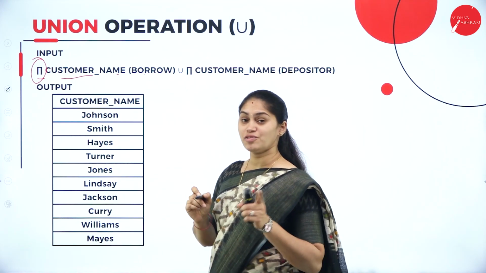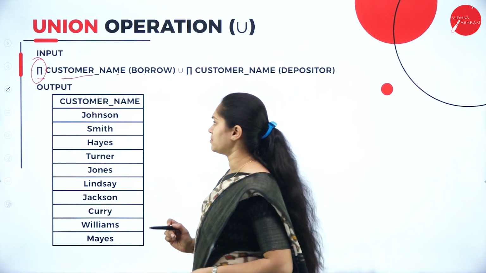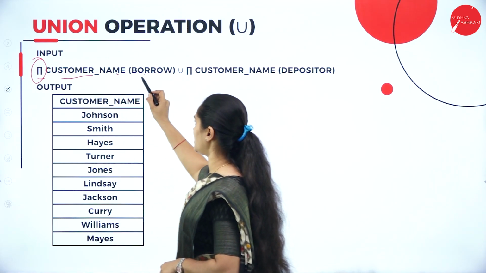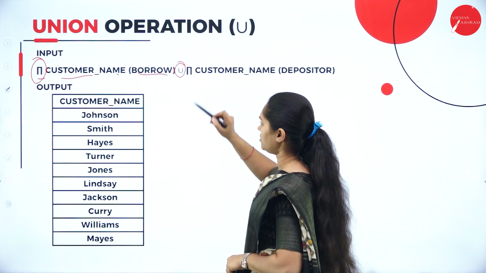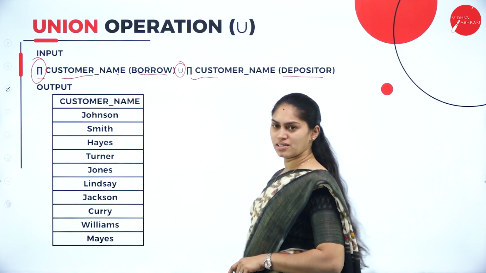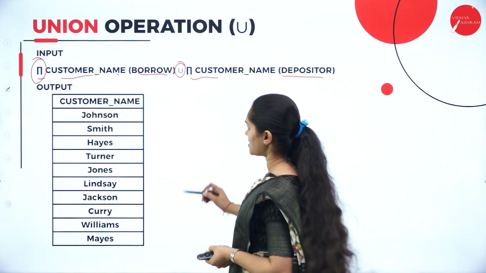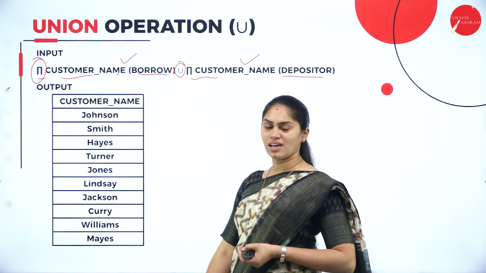For the projection operation. That means I am taking only a column. What column am I taking? Customer name from the borrow, and we are using this union operator, and customer name from depositor. So we are taking the customer name from the borrow table and also the customer name from the depositor table.